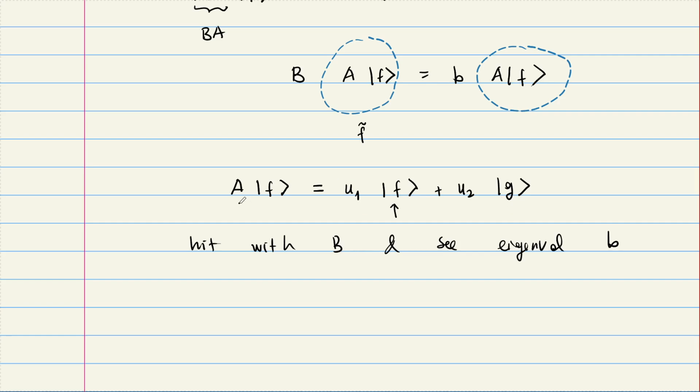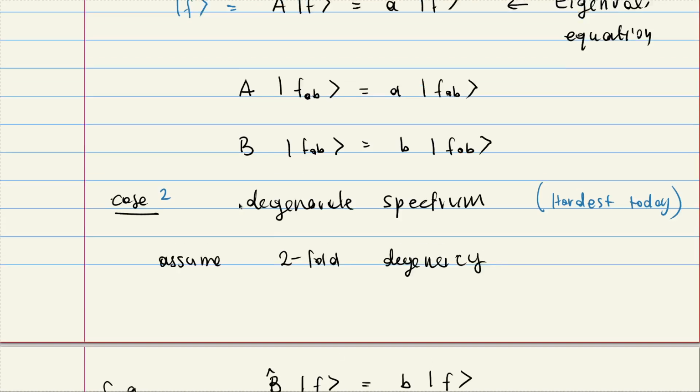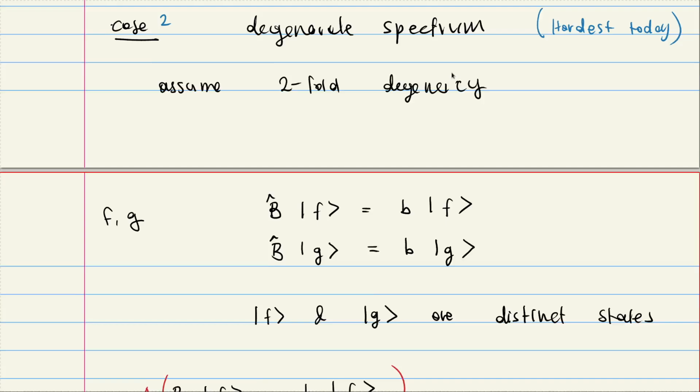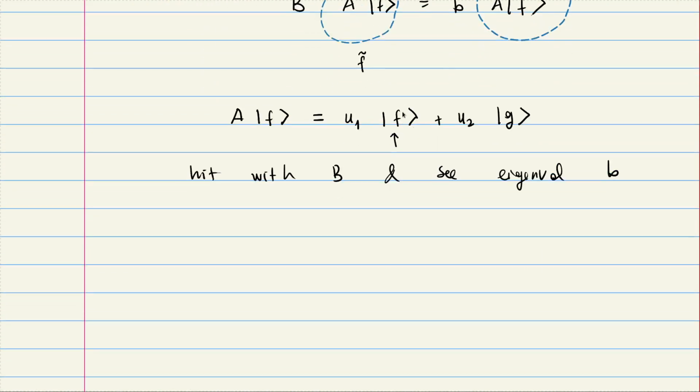But the problem with this thing is we lost what we had previously. Previously we had A times F was a constant times F itself. Now you can see I'm not getting a constant outside, right? A different state came out here. And I can do exactly the same thing for the second degenerate state.